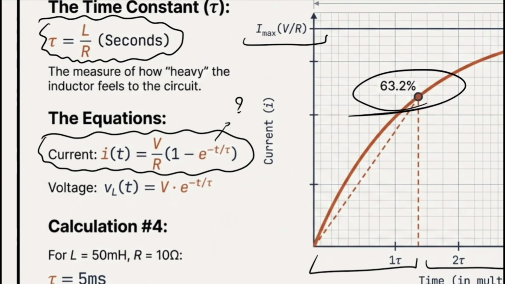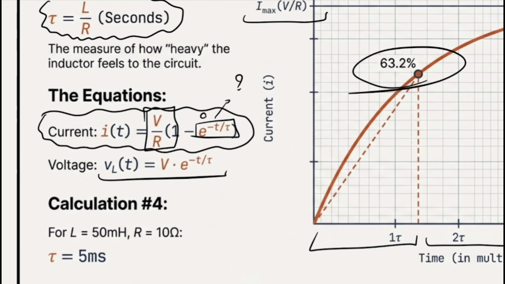As you can see, after 5 tau or more, the exponential term is around 0, so your current is V divided by R. In an RL circuit, the L is gone; it just acts as a short circuit, so you have R and the voltage source. Another important formula is that the voltage of your inductor is V times e to the power negative t over tau.